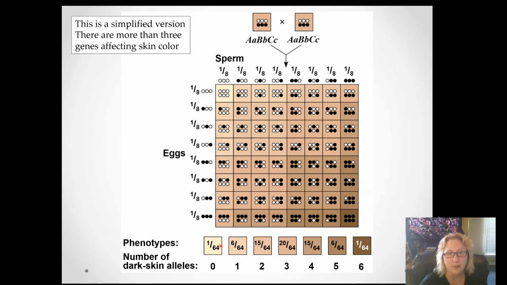But these other ones, although less likely, are still definitely a possibility. So that's why sometimes in families you can have siblings, full siblings, who have very different levels of skin pigmentation, or the same. It would work the same way for height. Height is also polygenic.